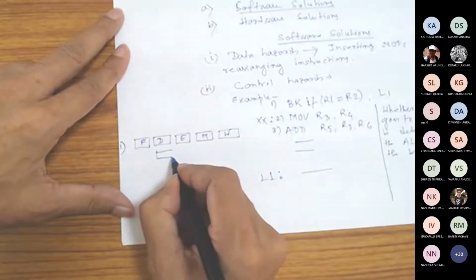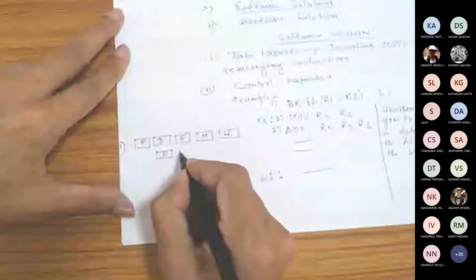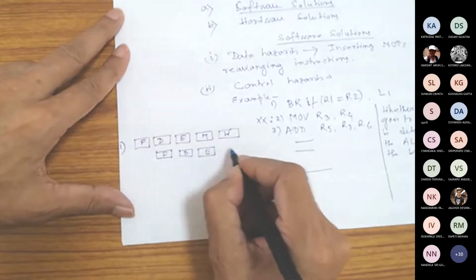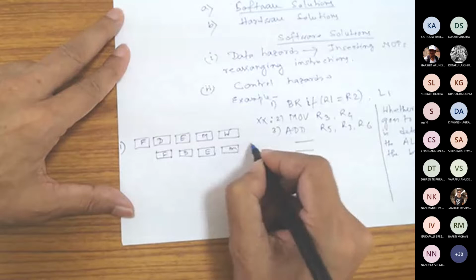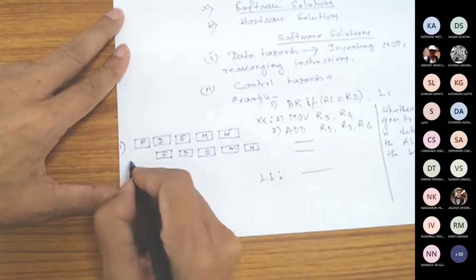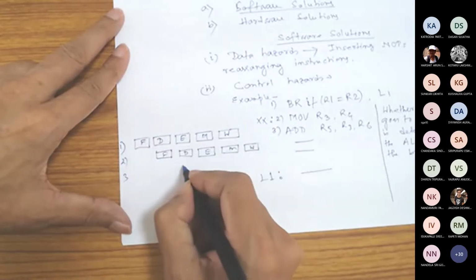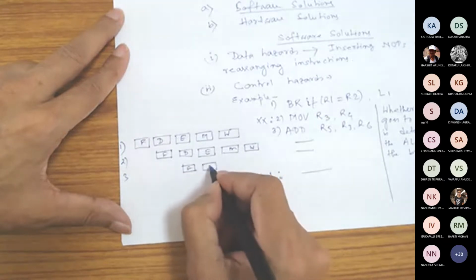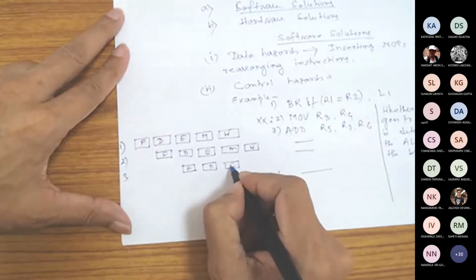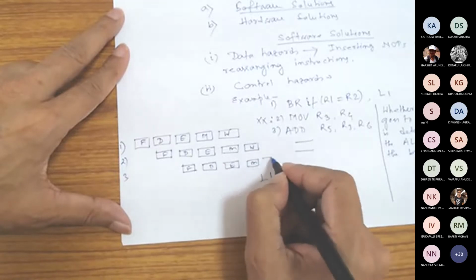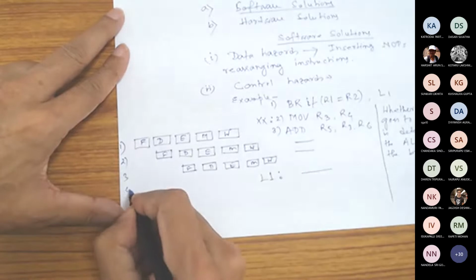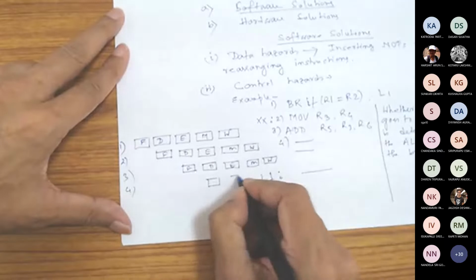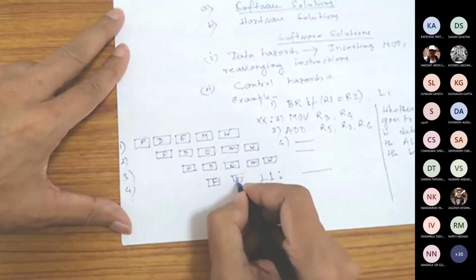Here happens fetch, decode, execute, memory, write back. This is for 2. This is for 3. Fetch, decode, execute, memory, write back. Instruction 4, some instruction is here. Fetch, decode, and so on.